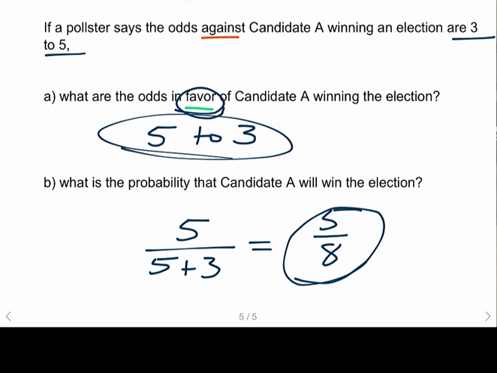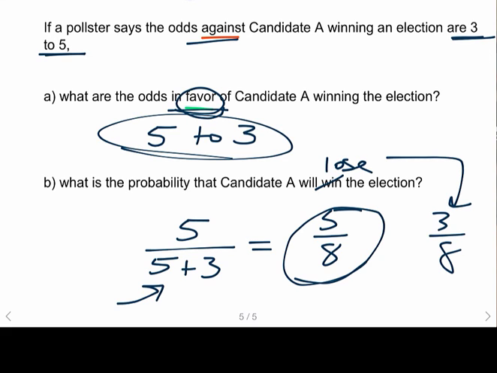You take the two numbers that are the odds, and they go in as a sum in the denominator. And then there's the in favor of and against. And so we could turn this around and say, what's the probability candidate A will lose the election? And that would be 3 to 8. Okay? So that's how probability and odds are related.